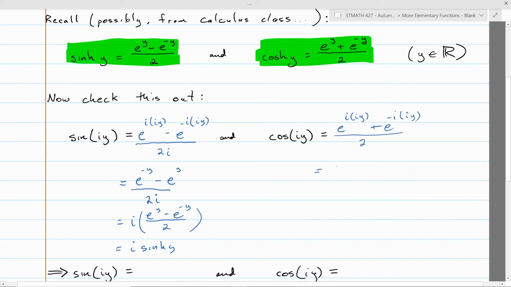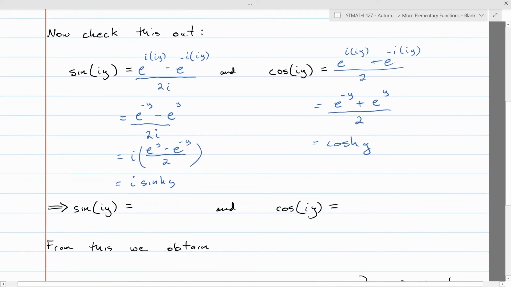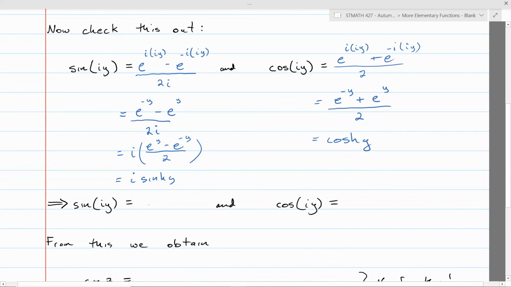And you end up with e to the negative y plus e to the y over 2. Well, that's the same as cosh y, the second formula up at the top in green. So summarizing that here, you see that sine of iy equals i sinh y, and cosine of iy equals just cosh y.